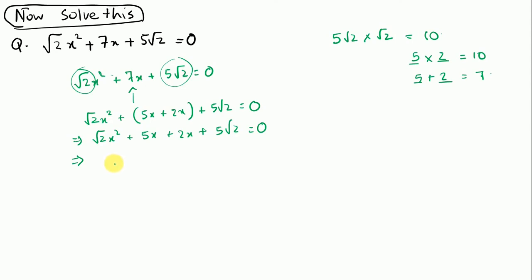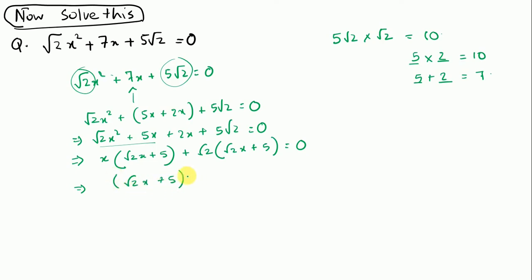Now we will take common from the first two, that is x. This will become root 2x plus 5, plus, take common from the second two, that is root 2, root 2x plus 5 equals 0. So this will be root 2x plus 5 into x plus root 2 equals 0. Now equate both of them with 0.